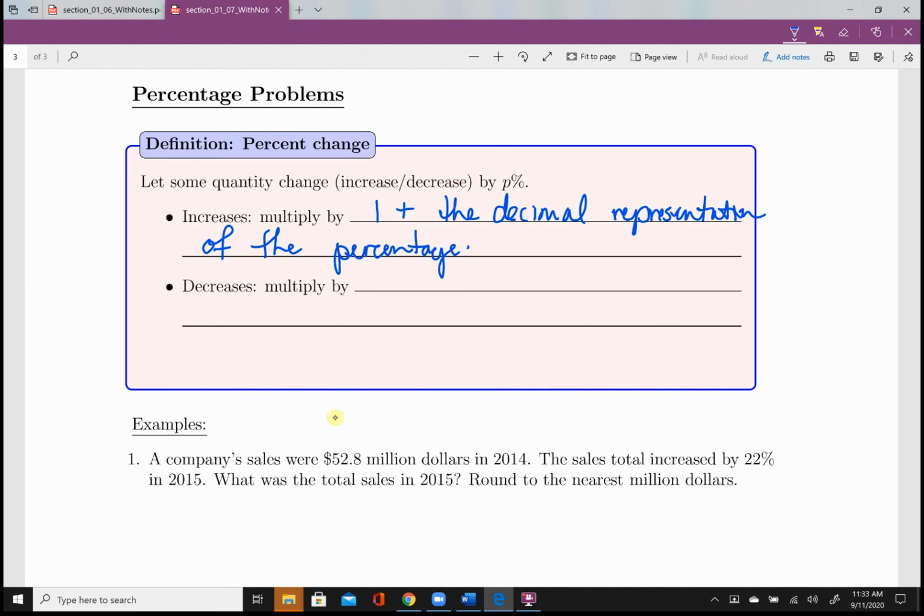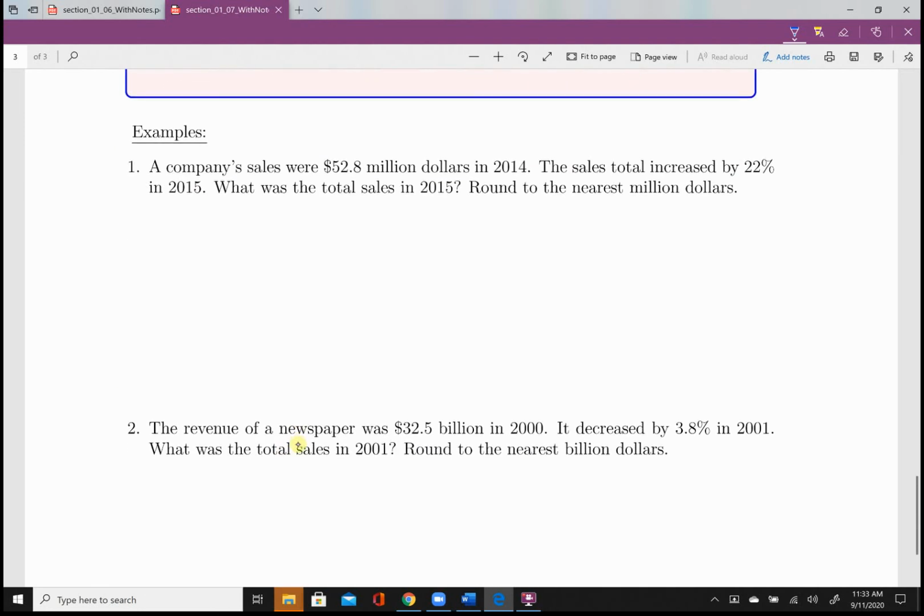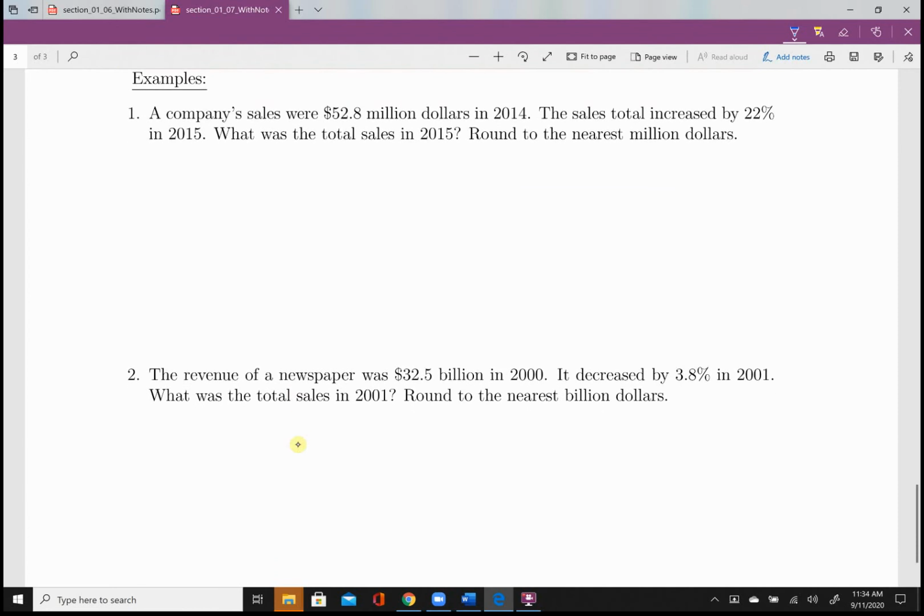Okay, now if you have a percent decrease, you will multiply by 1 minus the decimal representation of the percentage. Okay, so let's go ahead and have a couple of examples in which we use this rule here.